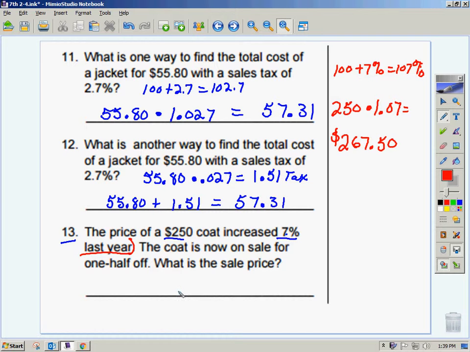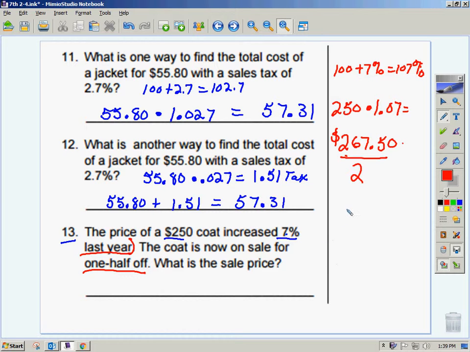Now what did they do? Now they put it on sale for half off. If I take half off, how much am I actually paid? So really, all I have to do is take this 267.50 and divide it by 2.